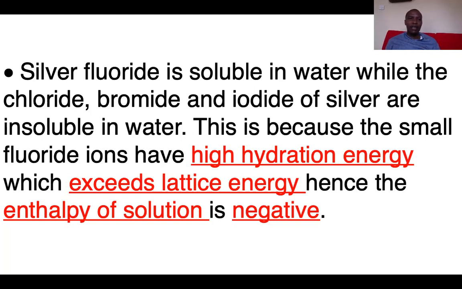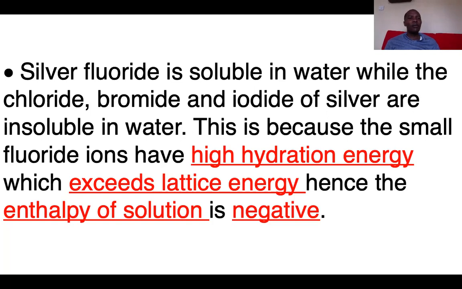This one is in thermochemistry, and those are the topics that we're going to be covering. I'll always try to explain those particular areas to help us understand them better. But we've already shown that one of the anomalous behaviors of fluorine is that silver fluoride is soluble in water. But surprisingly, silver chloride, silver bromide, and silver iodide are not soluble in water.